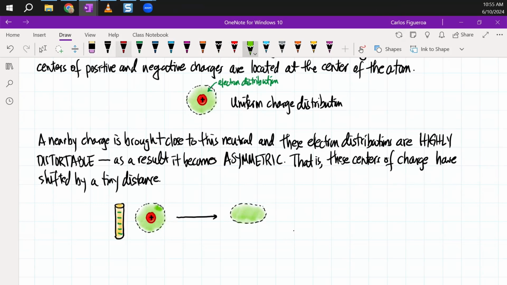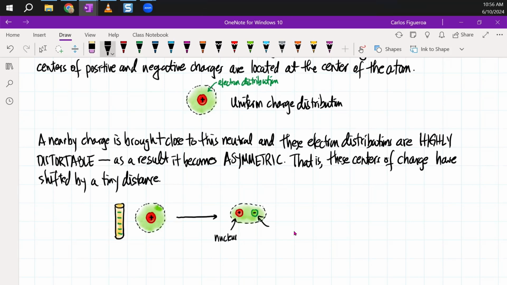Over here, I have my positive charge. And over here, more of the electrons are going to be on this other side, so this becomes negatively charged. The nucleus has shifted a tiny bit.